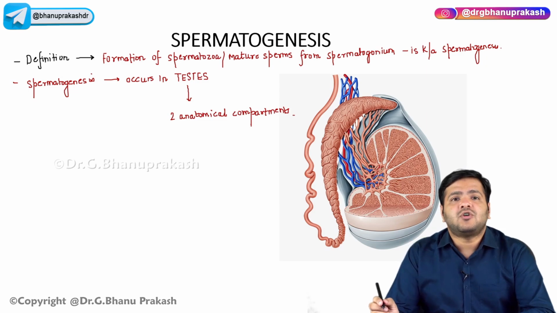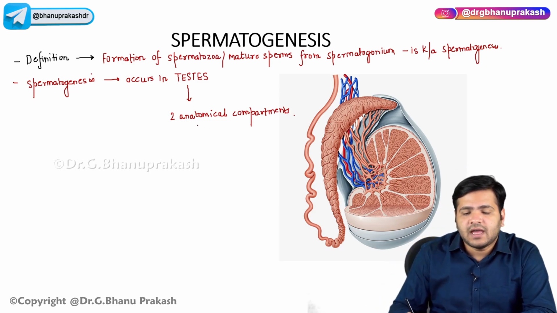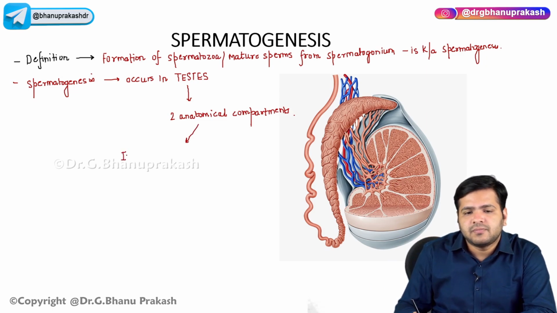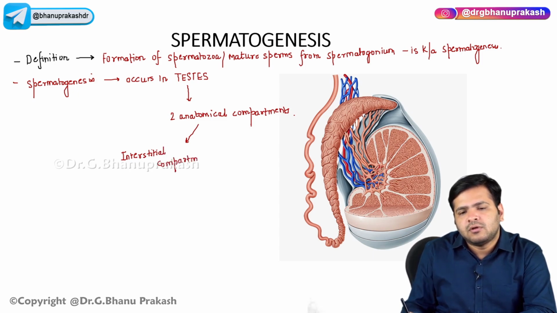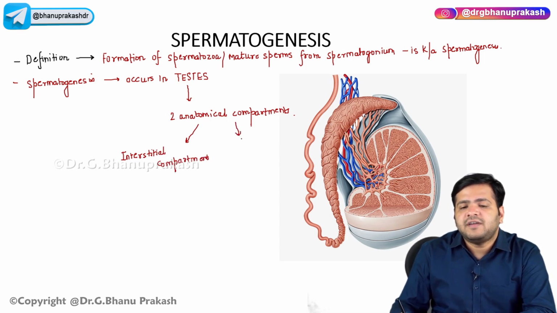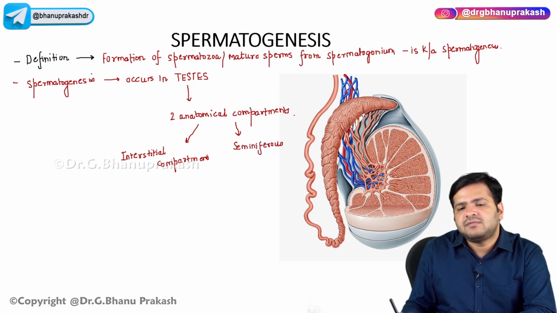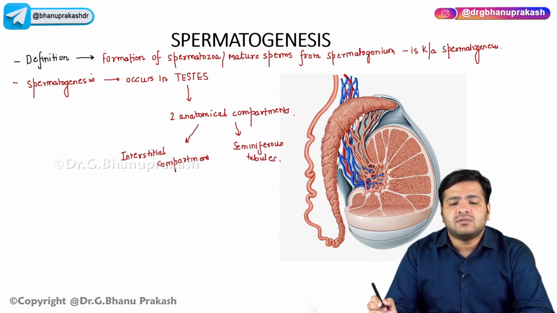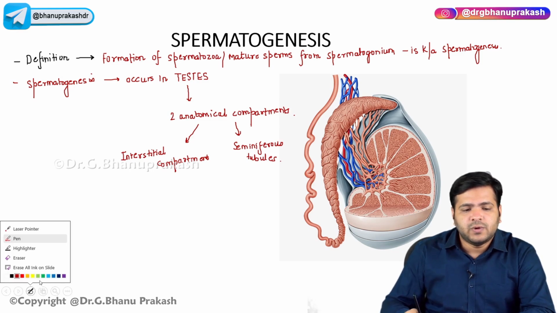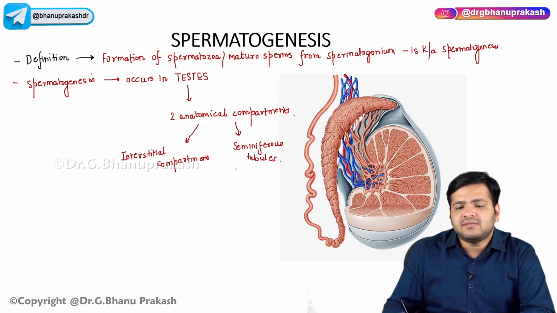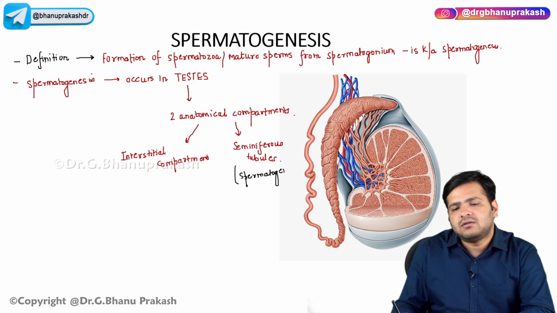And you already know these two compartments: we have the interstitial compartment and the seminiferous tubules. Spermatogenesis takes place in the seminiferous tubules. Spermatogenesis occurs here.